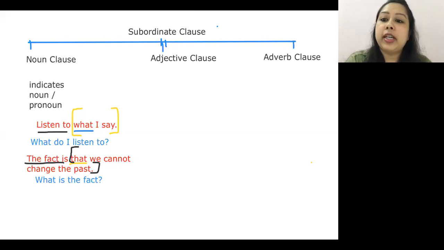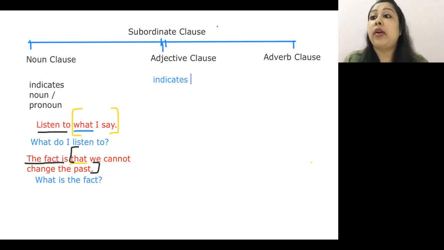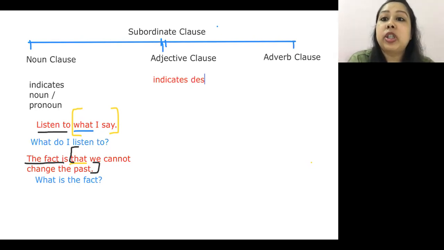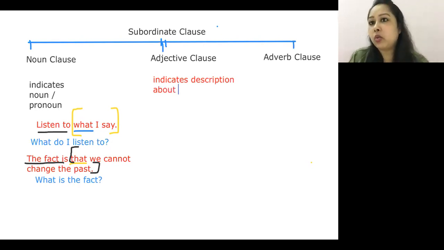So let's see what an adjective clause is. Adjective clause always indicates how my noun is or how my pronoun is. It is more of a description with regards to a noun or pronoun in the sentence, whatever noun it is qualifying.